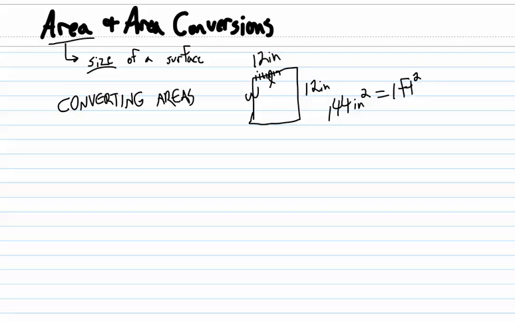Or instead of 12 inches, you could say 1 foot, and 1 foot times 1 foot is 1 square foot. So those things equal each other. This is a conversion factor, and it's the same sort of stuff we messed with a lot in the first semester, so I think these problems are going to be really easy.